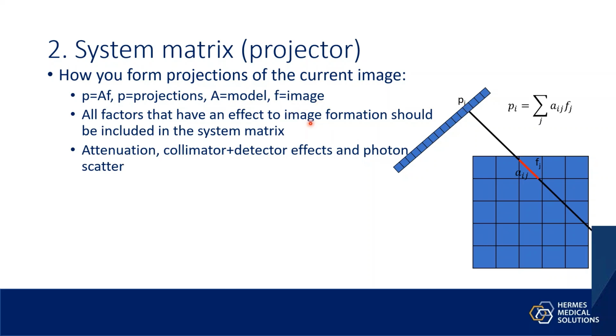And if we want our image to be the best possible, we should include all the factors that affect the image formation. We should include them all in the system matrix. So attenuation, collimator and detector effects, and photon scatter should be included in the projector. And we will come back to this when we talk about the compensation methods.